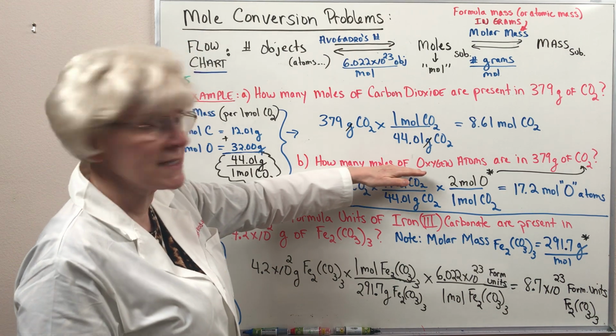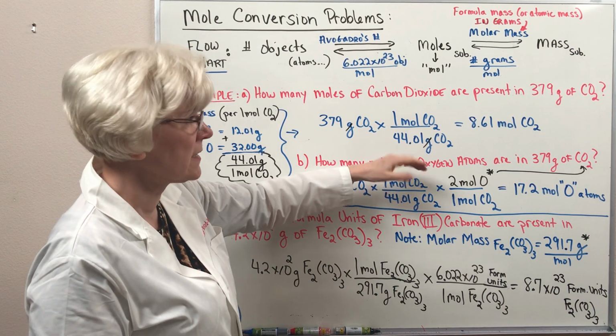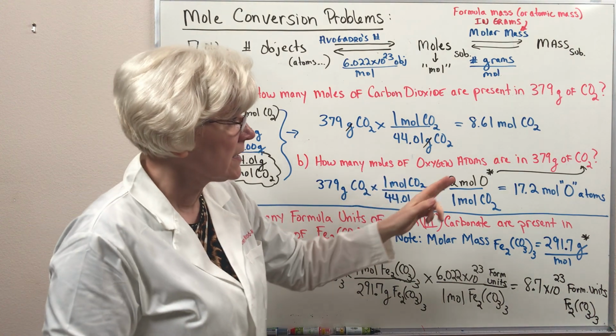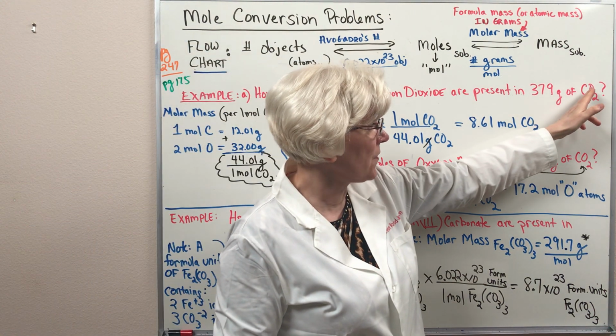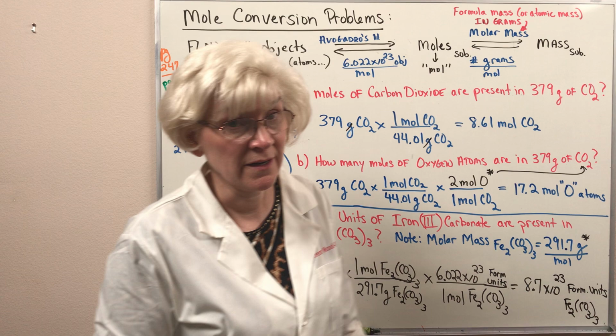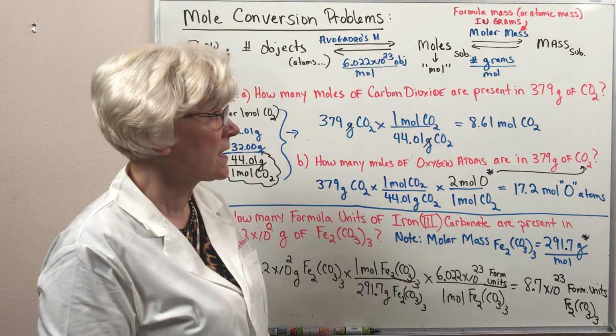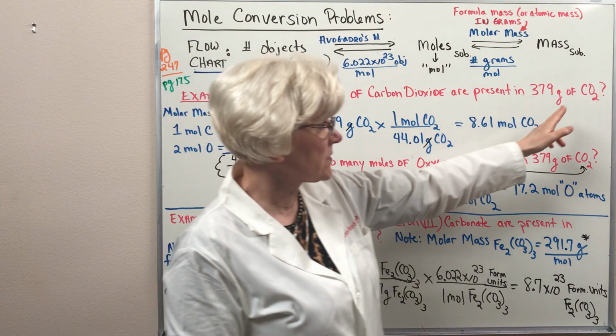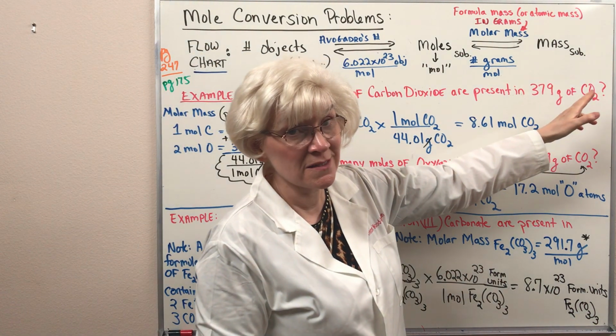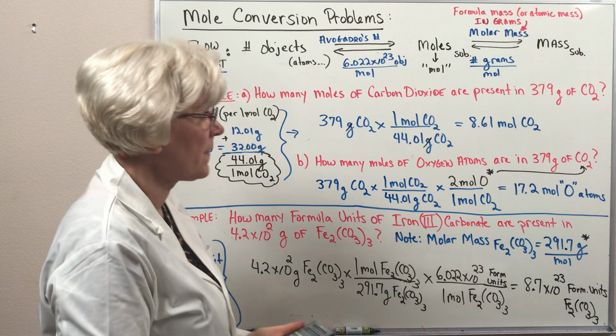And now here's a second part to this calculation. Suppose I'm interested in just knowing about the moles of oxygen that are present in 379 grams of carbon dioxide. Suppose I want to focus on an element that's part of the overall compound.